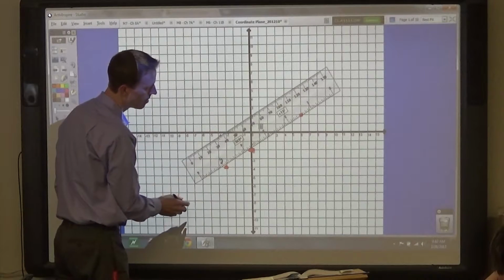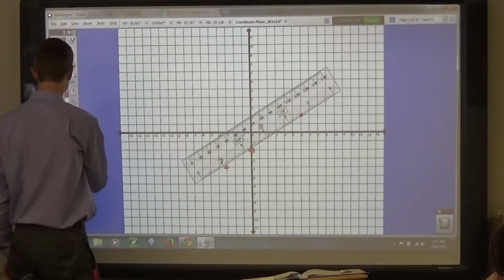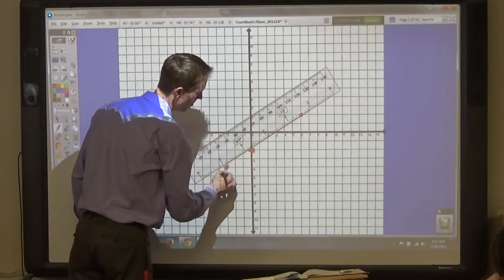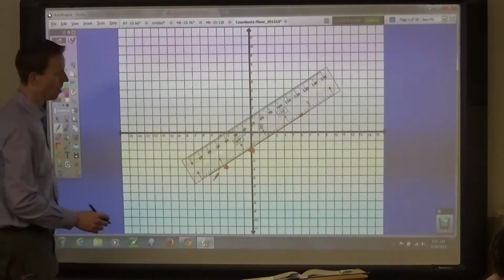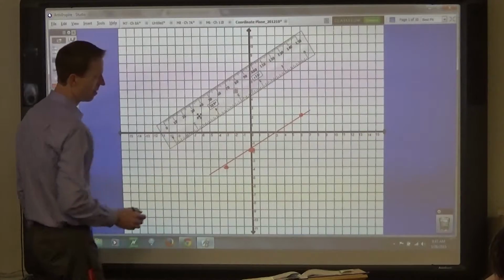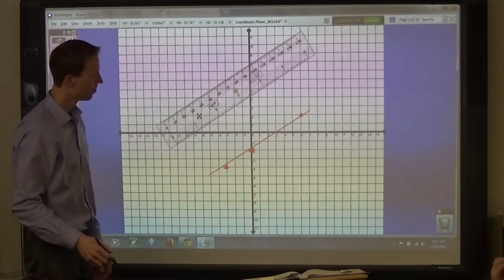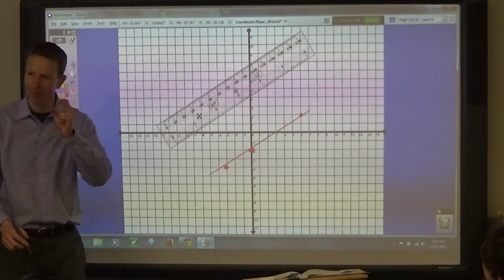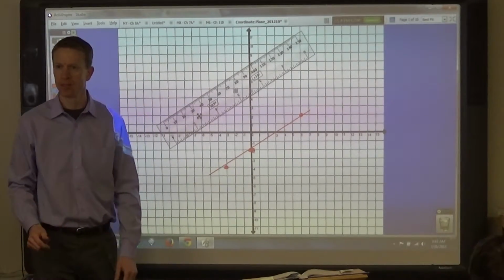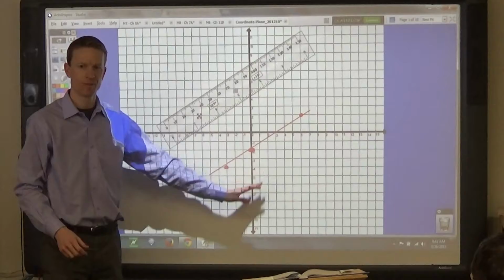Yeah, that makes a line, doesn't it? Kind of. This is really hard to do electronically. Alright, it's off by a tenth of an inch, but it's good enough. These points work, they form a line, don't they? Yeah, they do.